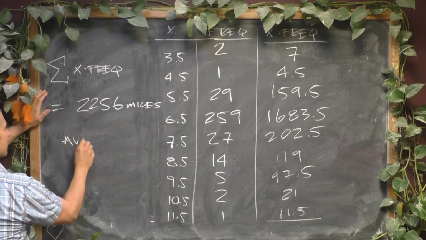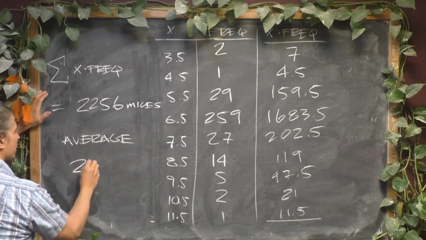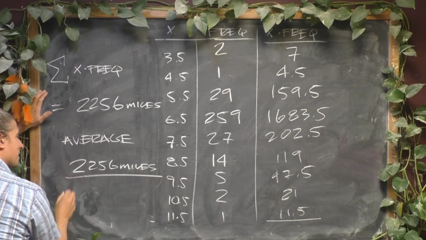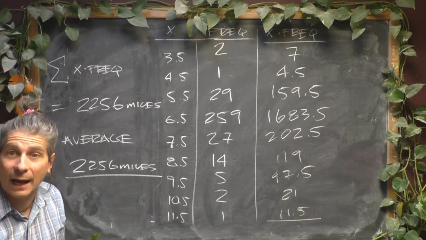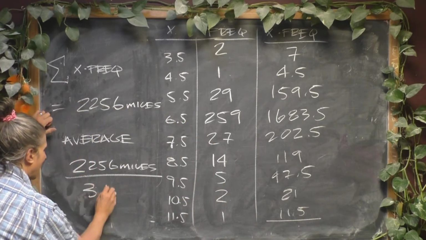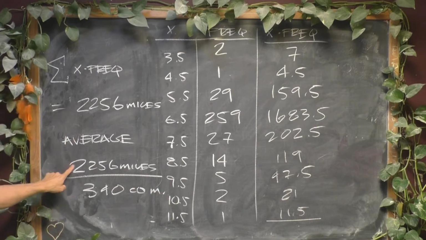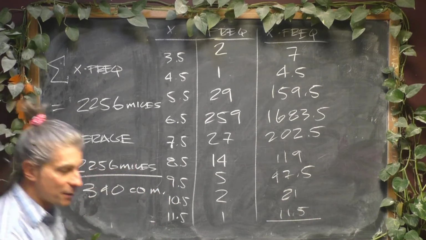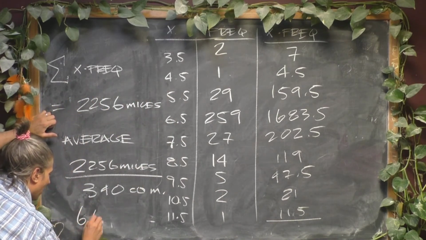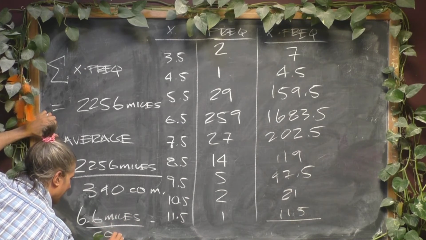So for the average, we just have to take that 2,256 miles and divide it by the 340, I believe, 340 commutes that were in that chart. And if you divide 2,256 miles by the 340 commutes, I get an average of 6.6 miles per commute.